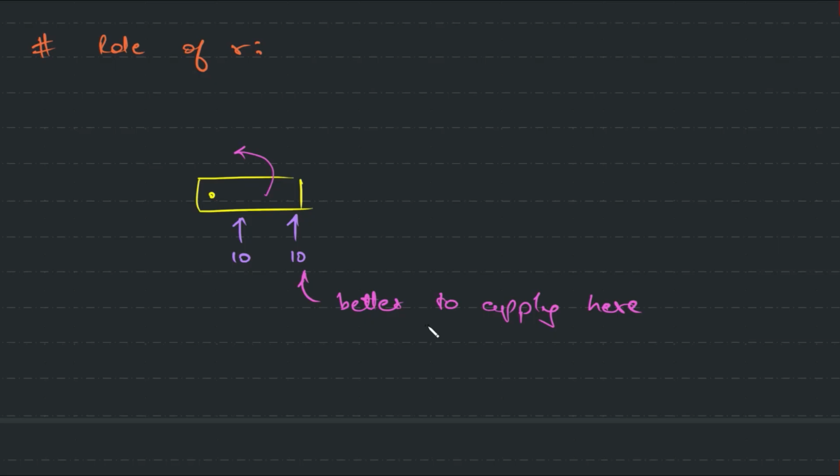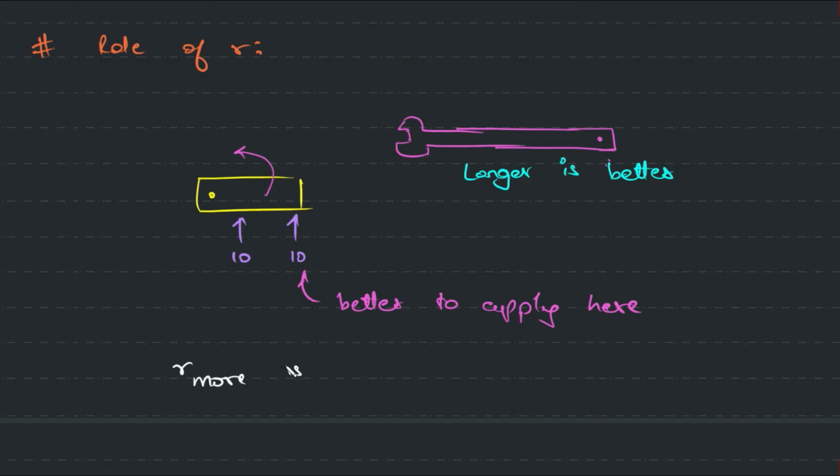If you look at your screwdriver or your wrenches, like a lever, we have the force further away from the pivot. Further away, better it is. If I have a screwdriver or a spanner, the longer the arm, the better it is for me. It makes our life a lot easier. So more R is better.